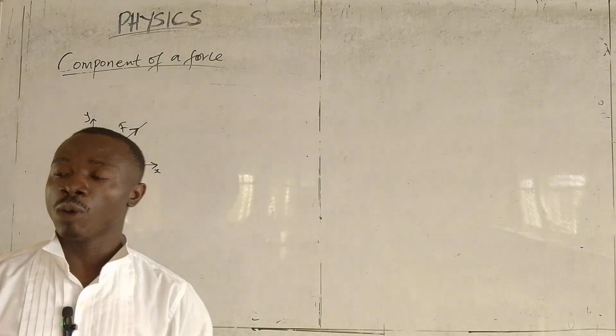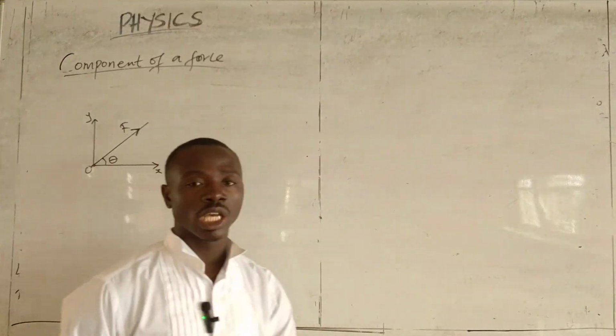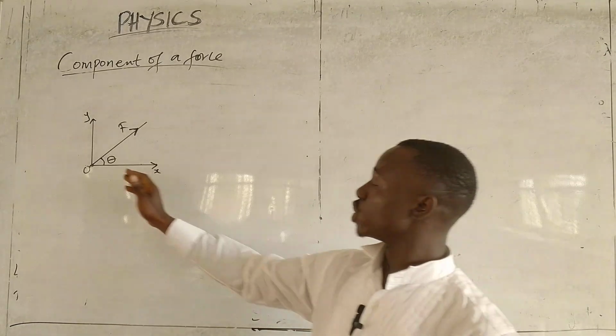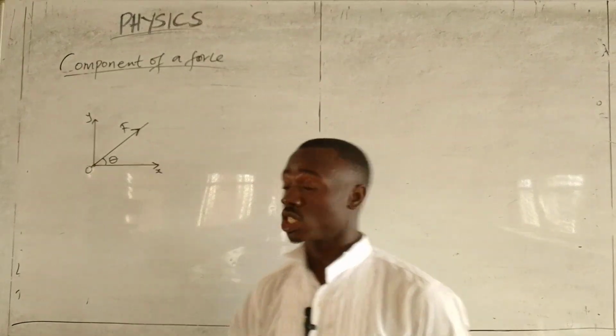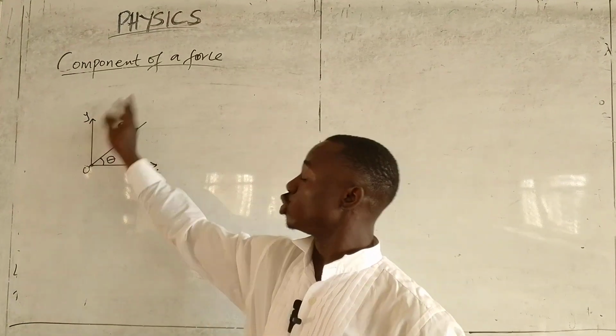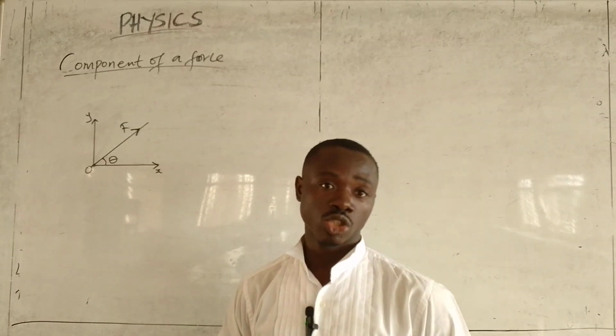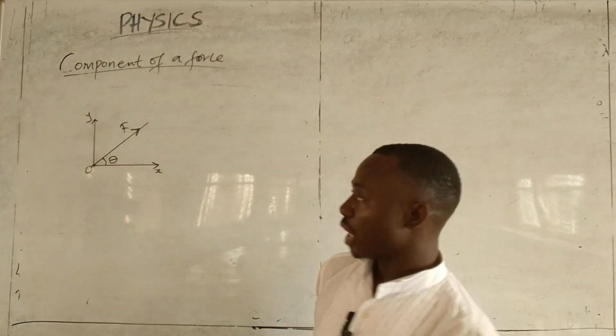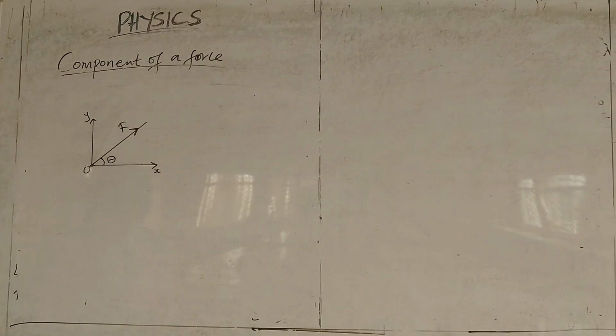So if you are asked to find a component of this force, it can be resolved into horizontal and vertical components because it is passing in between the two axes. Now, what is the horizontal component of this force? This is a trick you will use.